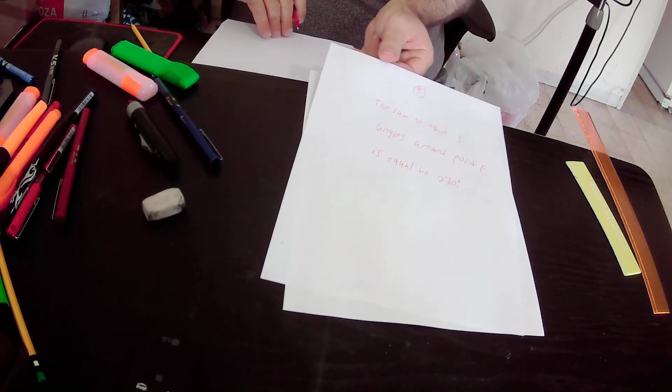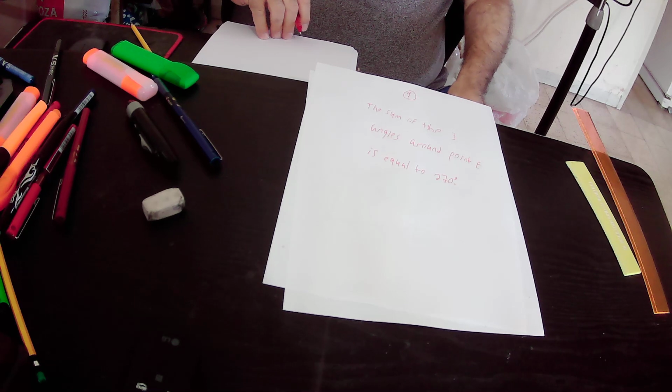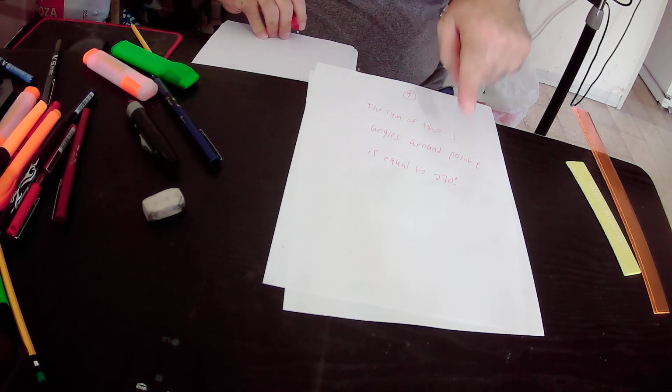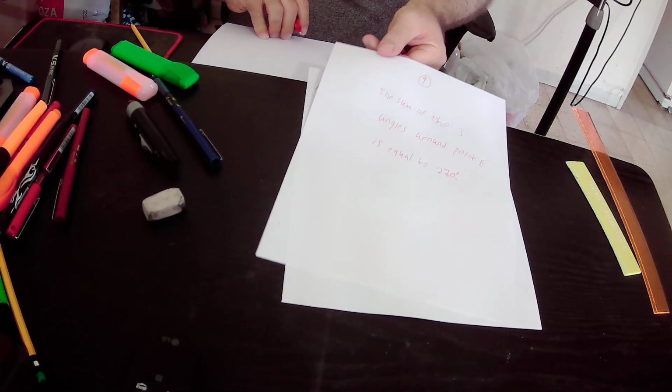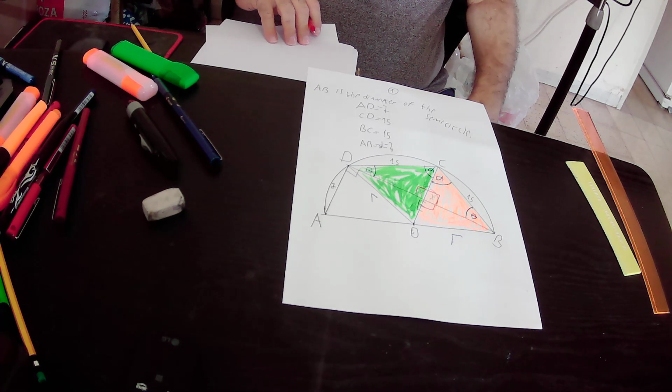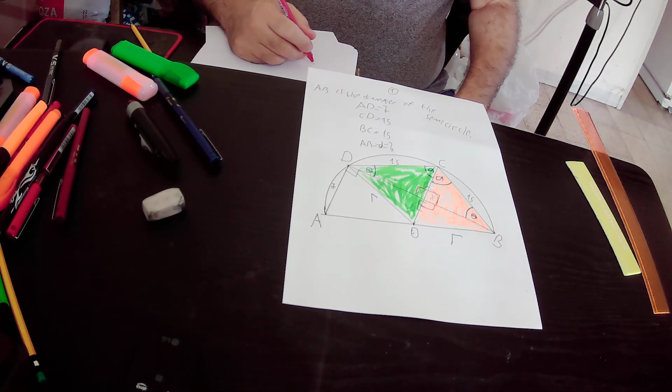We already found out that the sum of the three angles around point E equals 270 degrees. But we have a rule that states that the sum of the angles around any point equals 360 degrees. Again, I write it down.